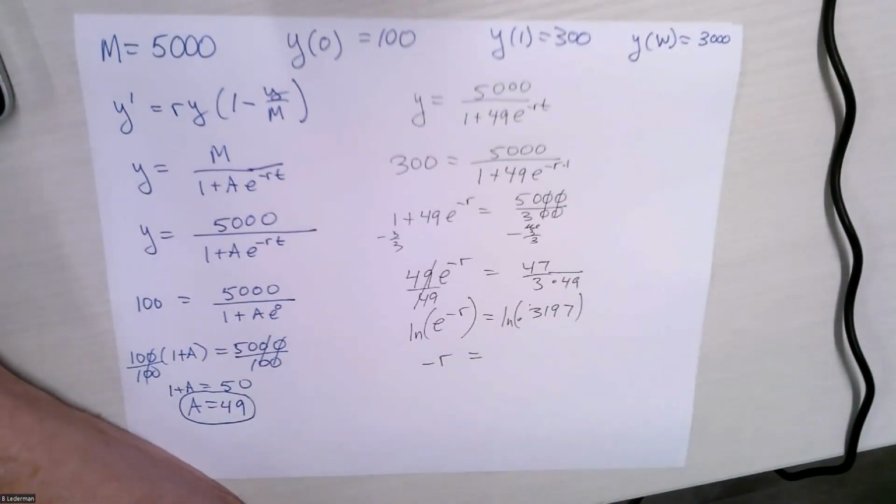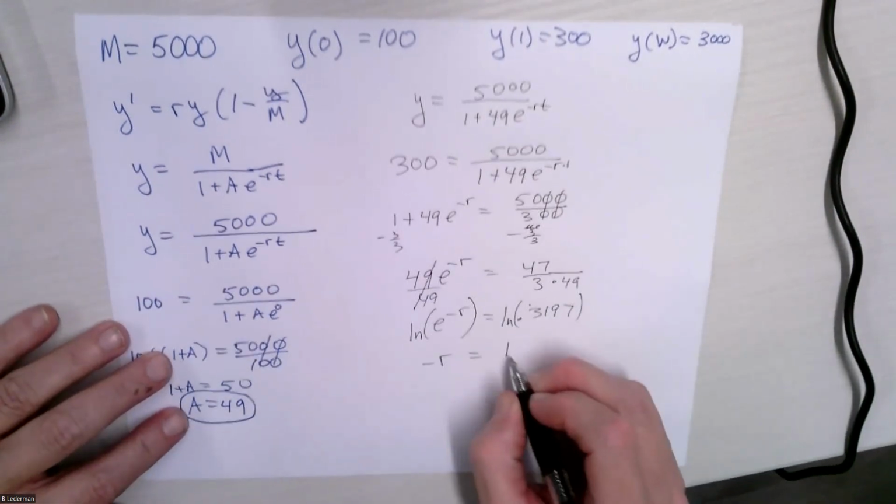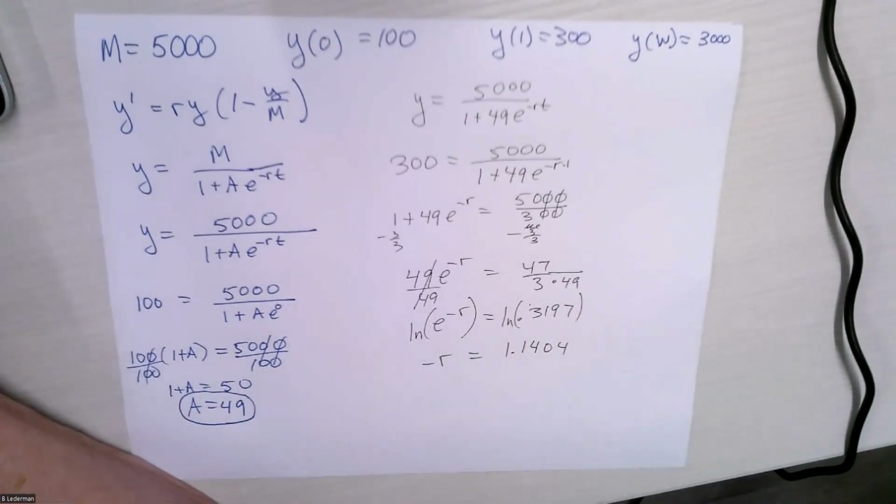And again, going to my calculator, the ln of 0.3197 is negative 1.1404. Let me just double check that to make sure that's what I got. Let me just do it again. 0.3197, and we want the ln, and that's right, negative 1.1404.